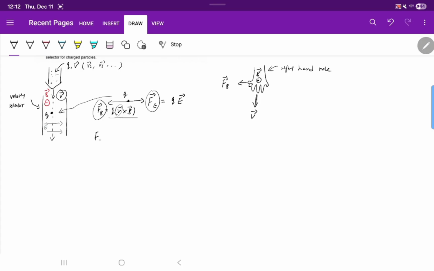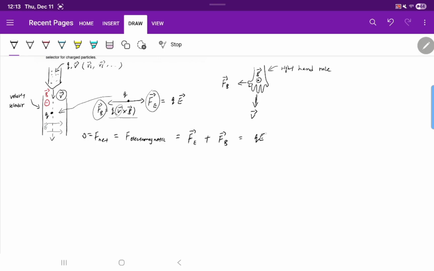So let's combine that: the net force must be equal to 0, and this net force is the same as the electromagnetic force, which is the electric force plus the magnetic force, which is qE.